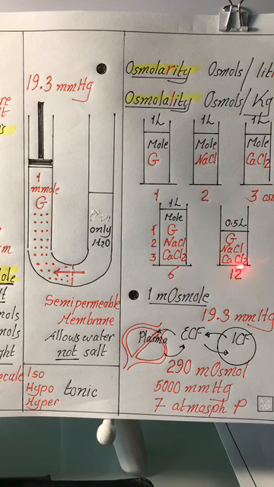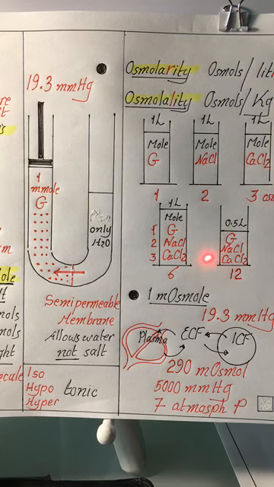The most difficult one. We have 1 mole of glucose, 1 mole of sodium chloride, 1 mole of calcium chloride in half a liter. What is the osmolar concentration of this solution? Now we have 1 mole of glucose gives rise to 1. Sodium chloride 2, calcium chloride 3. The sum will be 6. 6 in half a liter.